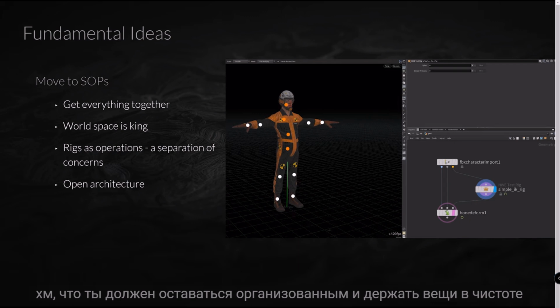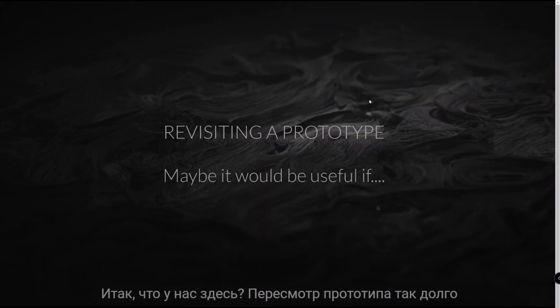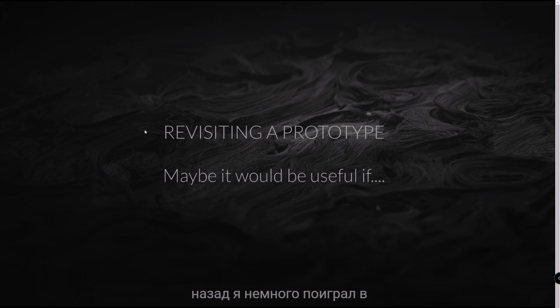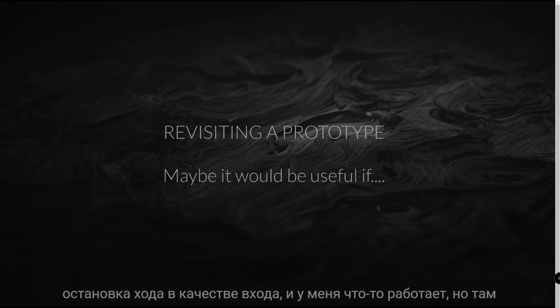So now we can blend between. So, what do we have here? Revisiting a prototype. A long time ago, I had a little play at just a little idea, really, of being able to draw out a bone chain, and this was working at object level, using a stroke SOP as an input. And I did get something working.